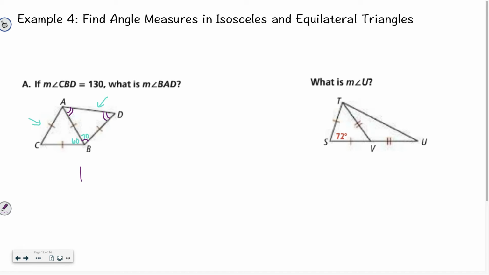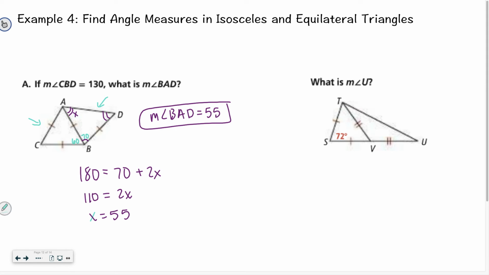So I have 180 equals 70 plus 2x, or 110 equals 2x, or x equals 55. So if x equals 55, that was this angle right there, I can say the measure of angle BAD equals 55.